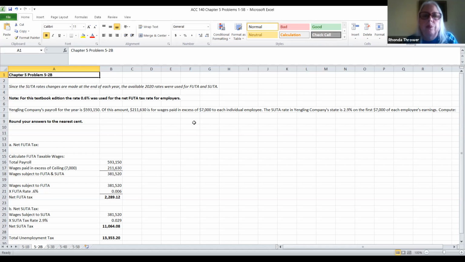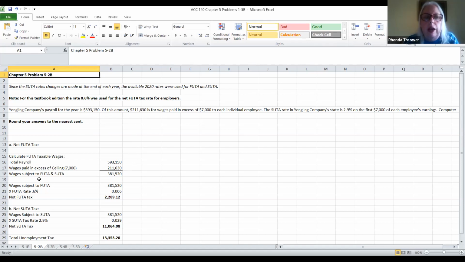So in order to find the wages that are subject to FUTA taxes, you're going to start with the total amount of the payroll that was paid and back out or subtract $211,630 from that.